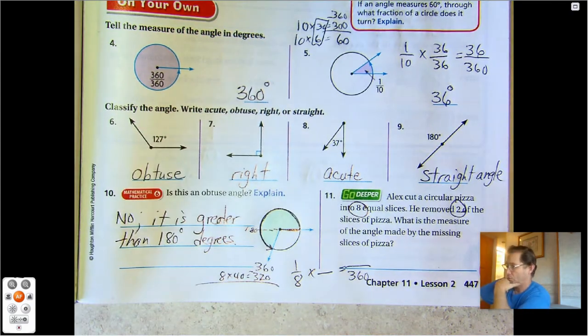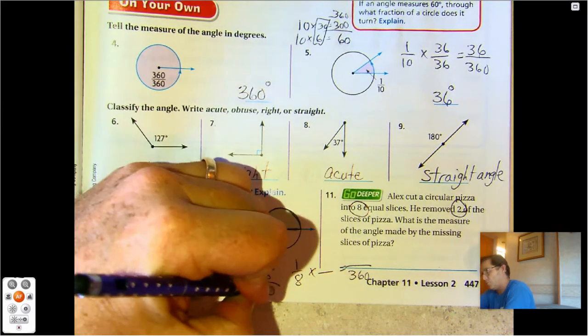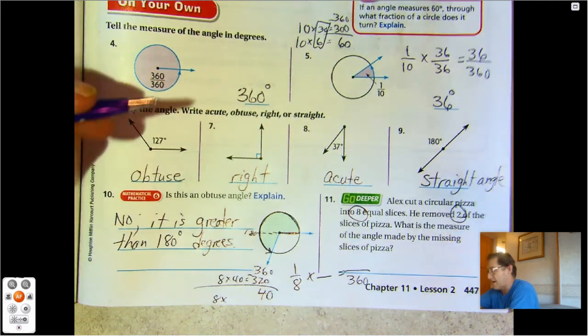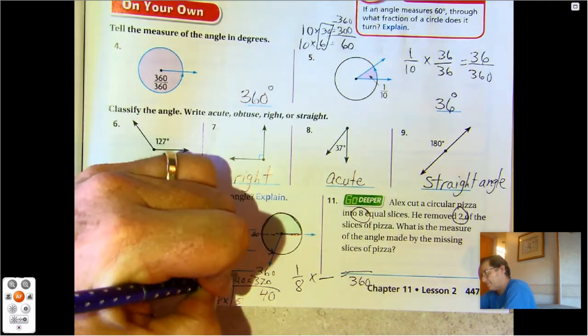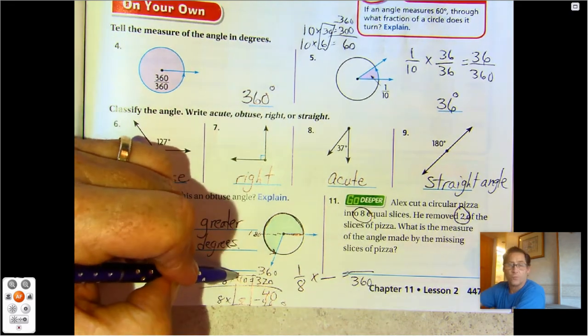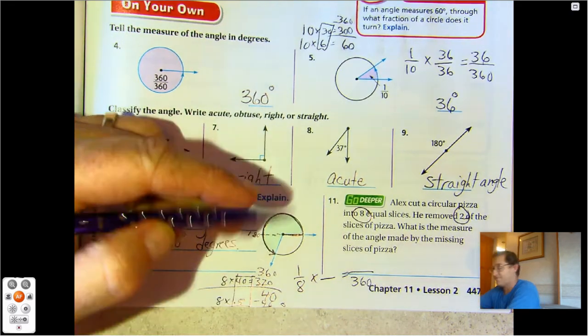So 360, take away 320, leaves me 40. 8 times what is 40? 5. And that leaves me nothing.